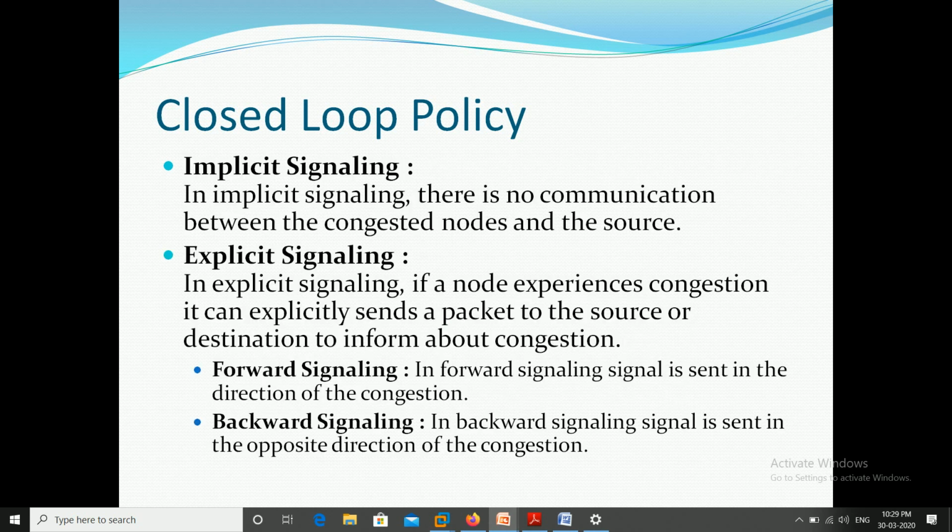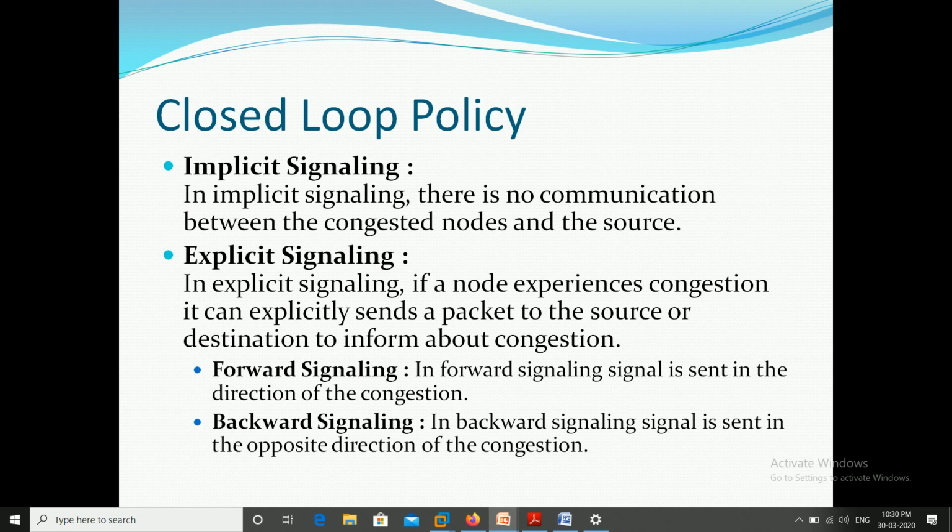In case of implicit, there is no communication. So how will it work? They have sent the packet, and if the packet reaches the destination, they come to know through an acknowledgement or some sort of mechanism. If the packet does not reach, by default they assume there is congestion, right? Nobody will tell them whether the congestion is at node number 2, 3 or 4; wherever it is, it hardly matters.